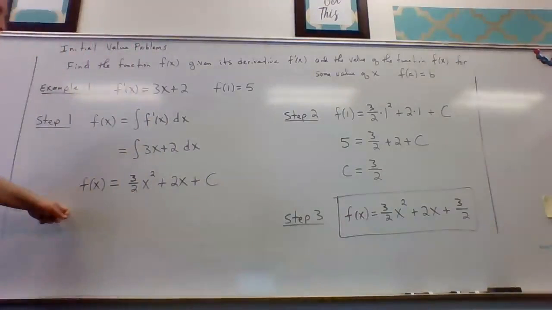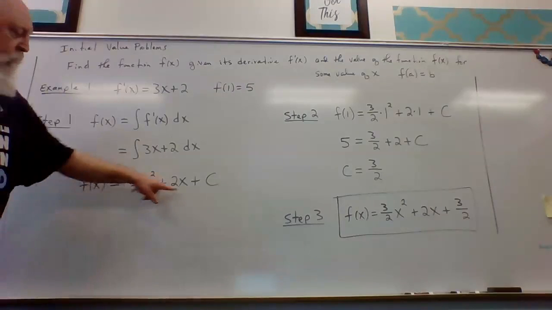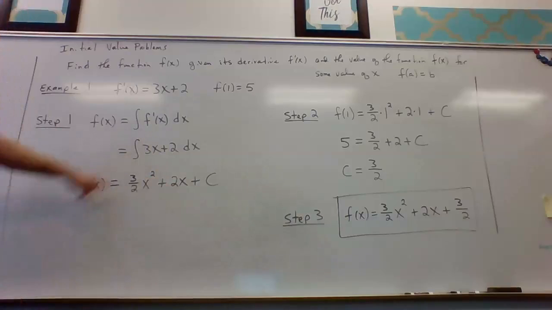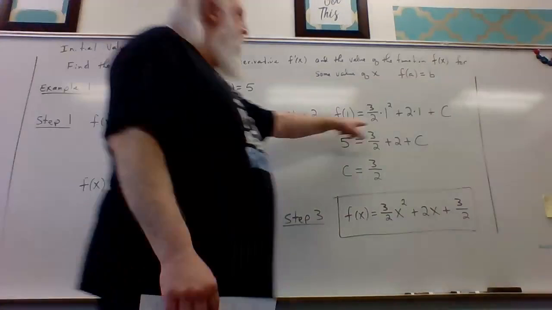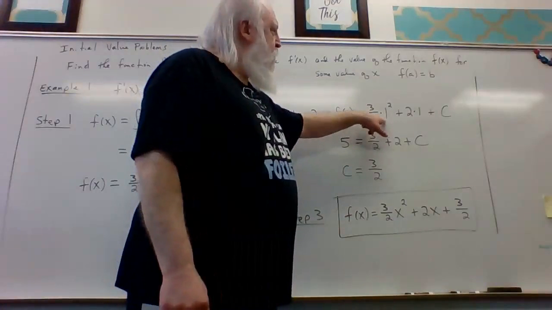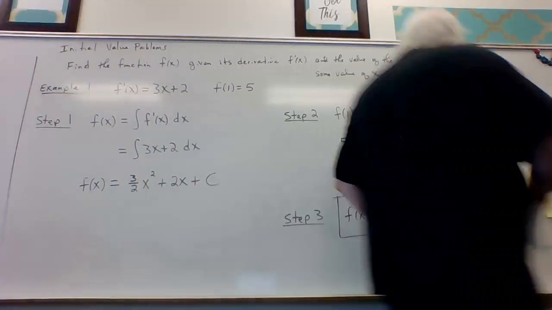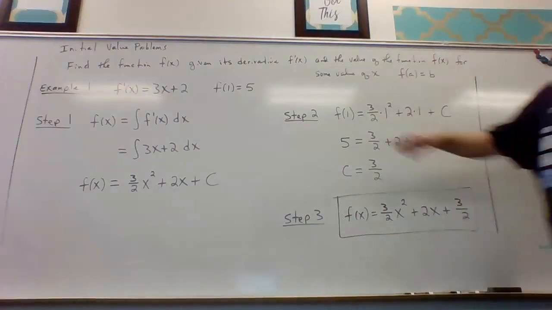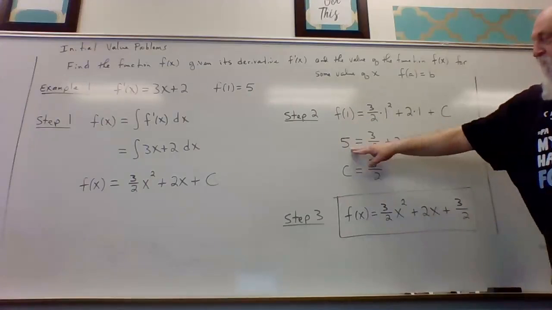To do that, we evaluate the function at x equals 1, putting in 1 for x. So in step 2, f of 1 is equal to 3 halves times 1 squared plus 2 times 1 plus c. And we know that f of 1 is equal to 5, so I replace f of 1 with 5.